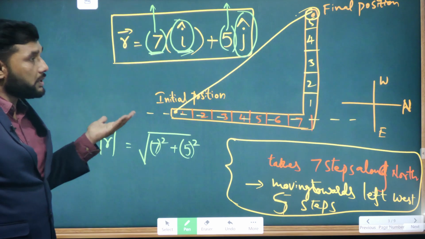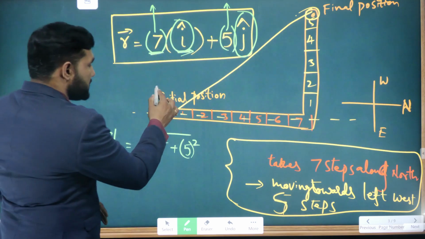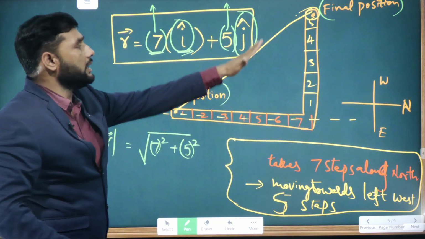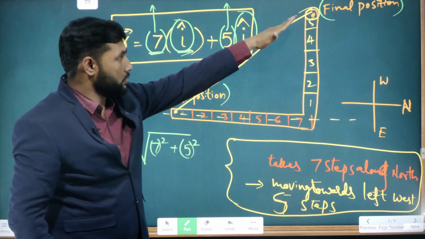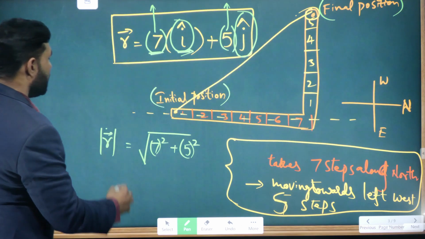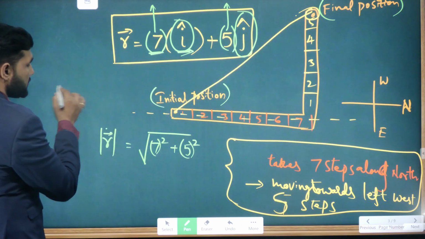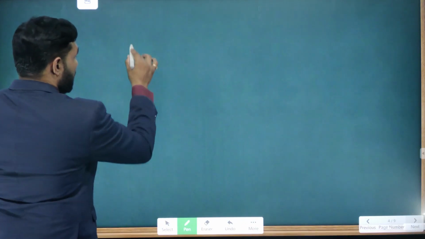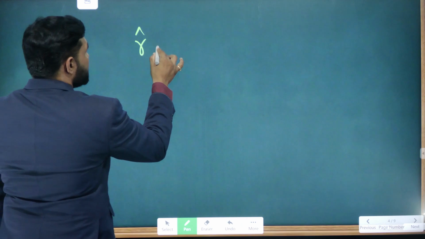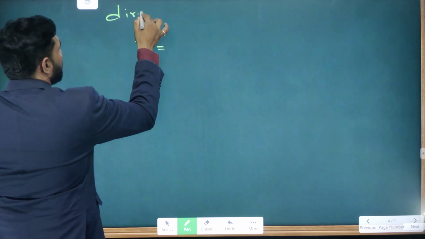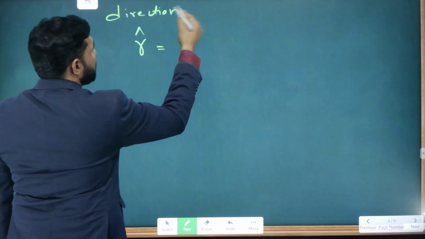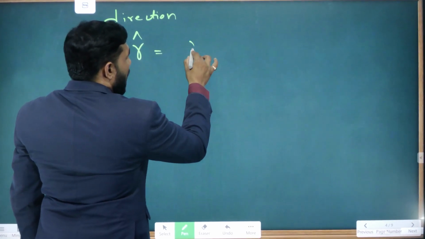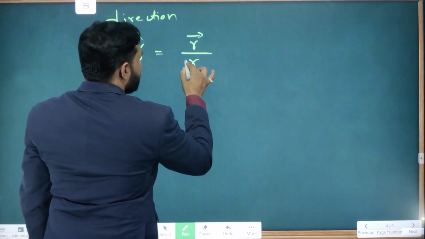And in which direction has he moved? This is the initial position and this is the final position, so overall the journey has taken place in this direction. To mention that direction, we use the notation r cap. R cap represents the direction of the vector, which can be obtained by r bar divided by the magnitude of r.